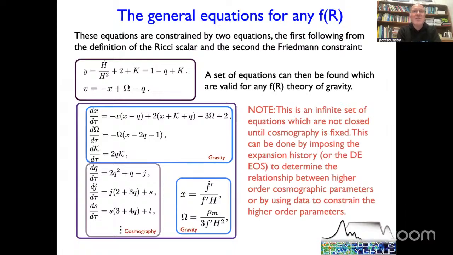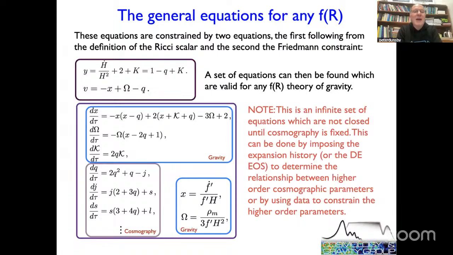You can either do this theoretically by hand, by imposing an expansion history. So you can say, for example, okay, we want to look at the dynamics of f of R gravity in general, but within the context of having an expansion history the same as lambda CDM, or maybe close to lambda CDM. Or, even better, and maybe this might be possible in the future, you use data to constrain q, j, and s, the cosmographic series, and you try and construct using data what your expansion history is.